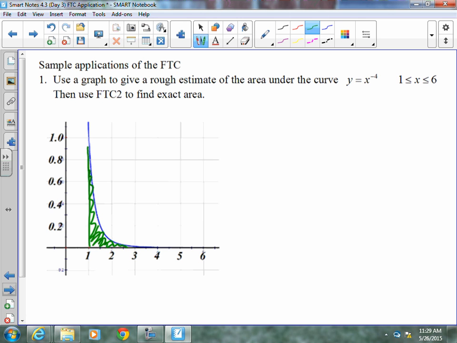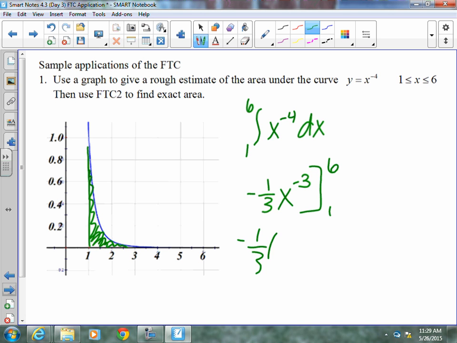Now, let's find out, because we need the integral from 1 to 6 of x to the negative 4th dx. Anti-derive, we get negative 1/3 x to the negative 3rd from 1 to 6.